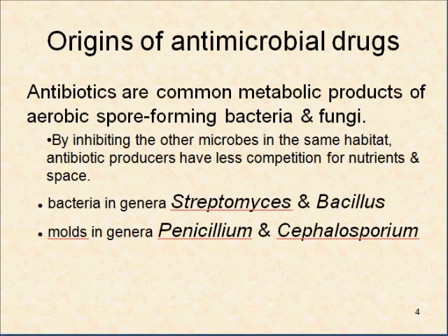Bacteria in the genera Streptomyces and Bacillus are involved, and by the same token, molds in the genera Penicillium and Cephalosporium are also involved, and these two compete against each other. Basically, bacteria make antifungal types of materials, and molds in general make antibacterial materials.